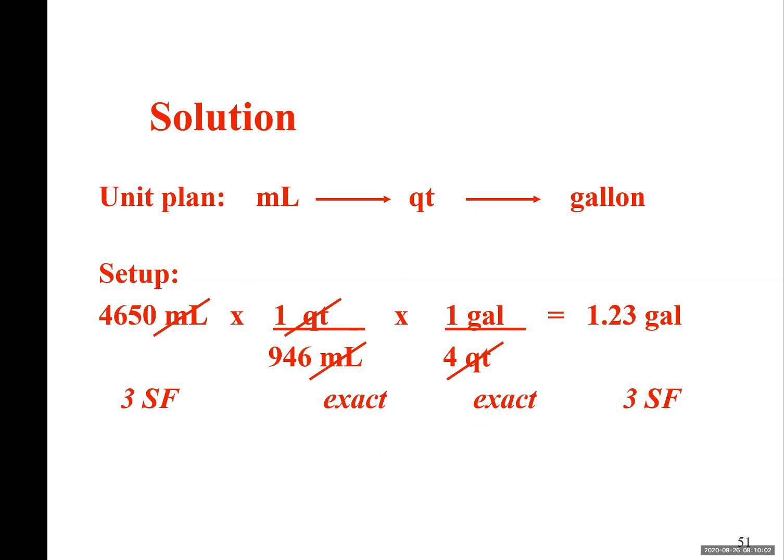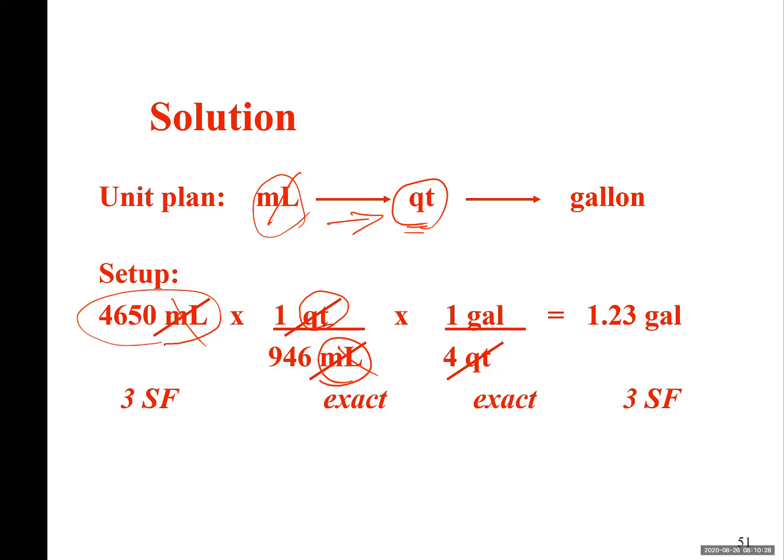If I am given milliliter and I want to cancel milliliter to go to quart, I have to write milliliter on the bottom, so it can cancel with the milliliter on the top. I want to convert to quart, I write quart on the top.